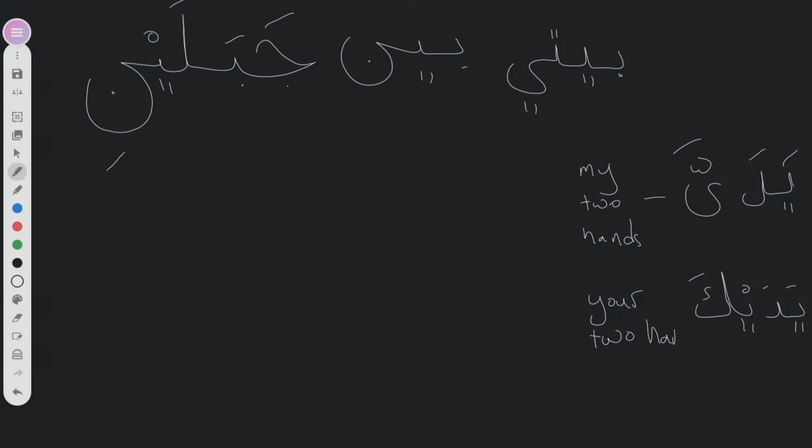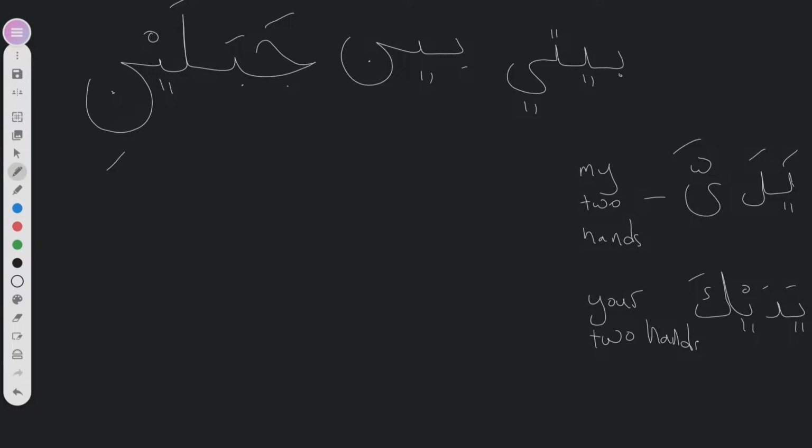Or your hands, right? You can say your two hands or you can say your hands. If you say your hands, it's correct, because unless you have more than two hands, you're not going to be confusing someone. So in a case like this, you don't need to specify, but we do it for the language.